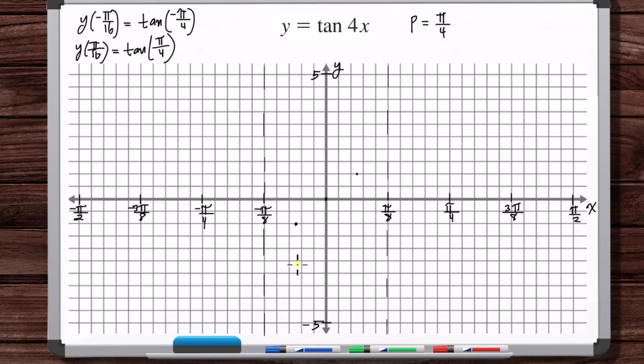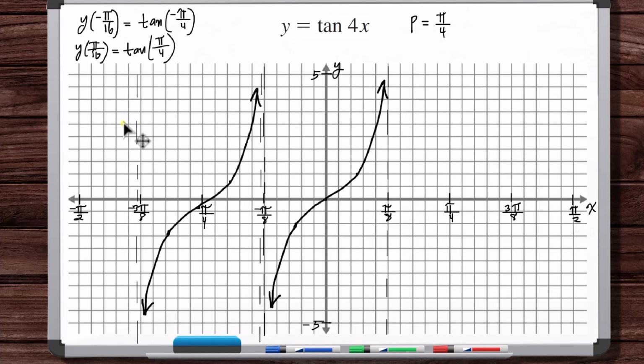And there we go. So now we can use this to help us sketch the curve. Now we just copy and paste this up and down the entire graph.